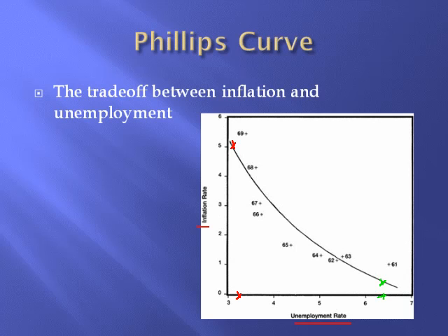The dates that are shown here, so this is 1961, 1962, 1963, and so on up to 1969. So what Phillips did was he plotted inflation against unemployment for each one of these years, and he noticed that there's a nice downward sloping line that to him illustrated this trade-off between inflation and unemployment.